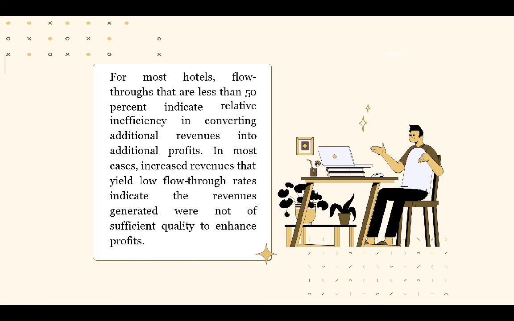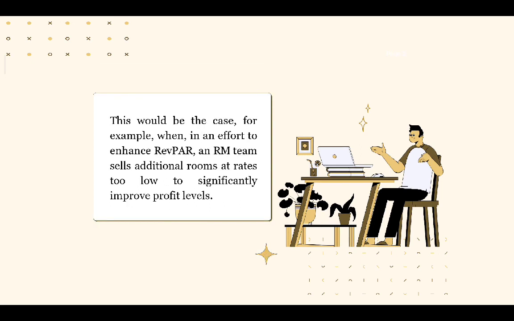In most cases, increased revenues that yield low flow-through rates indicate the revenues generated were not of sufficient quality to enhance profit. This would be the case, for example, when, in an effort to enhance RevPAR, an RM team sells additional rooms at rates too low to significantly improve profit levels.